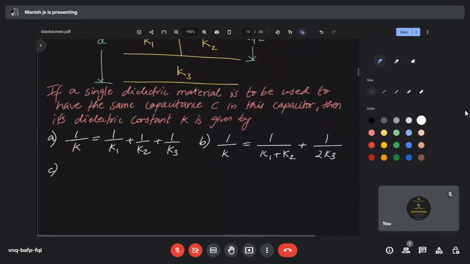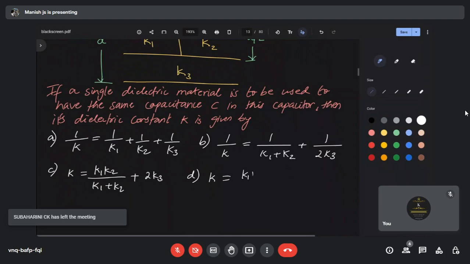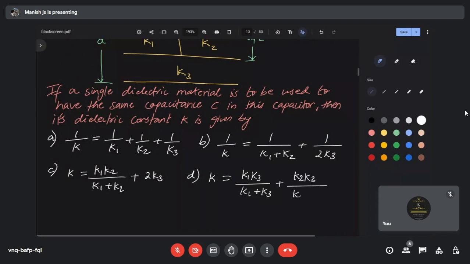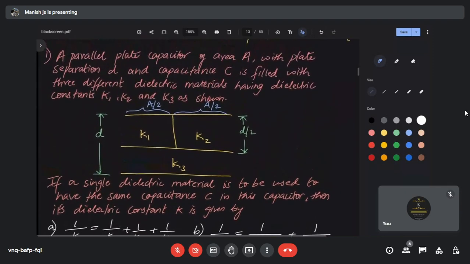Option C, K is equal to K1 K2 upon K1 plus K2 plus 2K3, and option D, K is equal to K1 times K3 upon K1 plus K3 plus K2 times K3 upon K2 plus K3. These are the options. Okay, I'll just show the question.